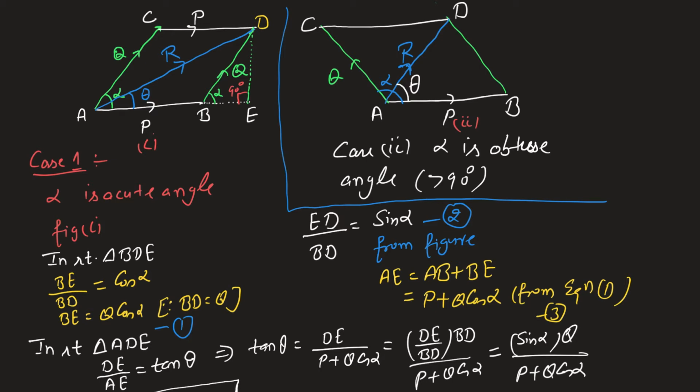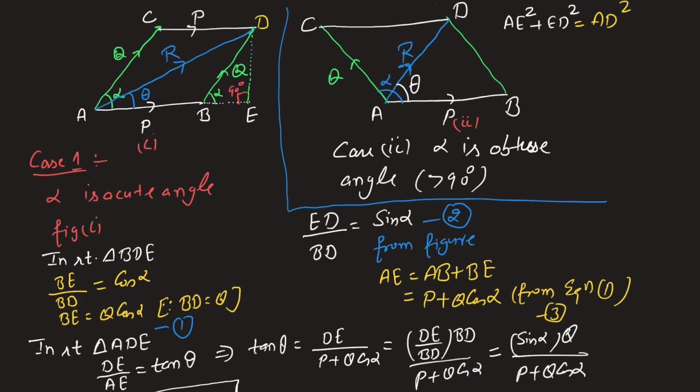It simply states that AE square plus ED square is equal to AD square. AE from here is P plus Q cos alpha.